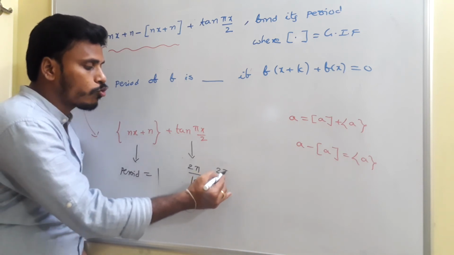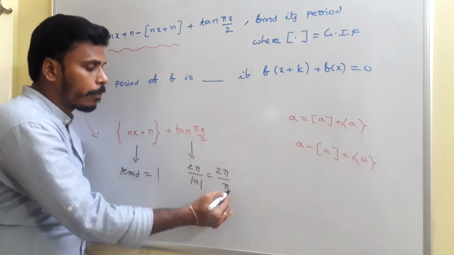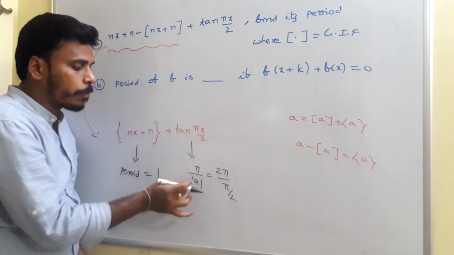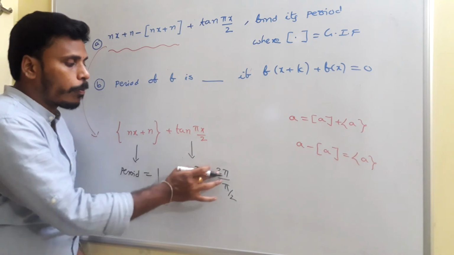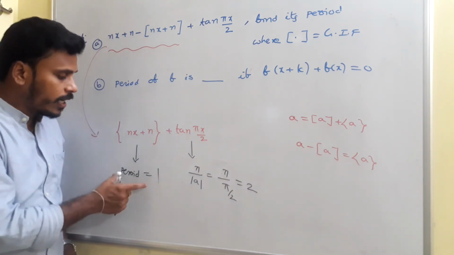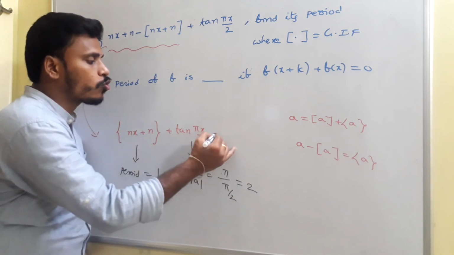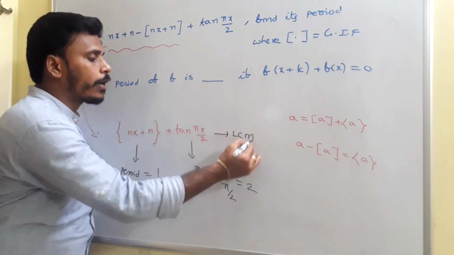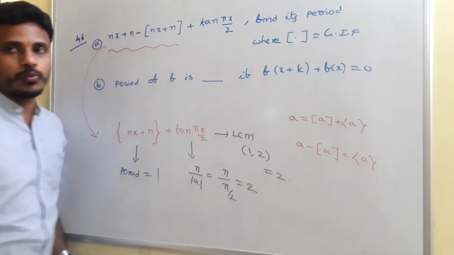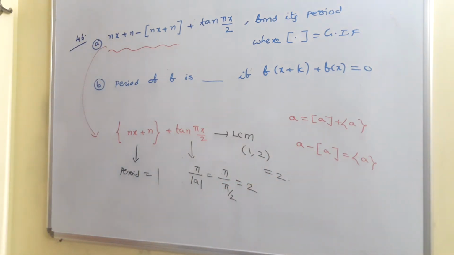But for tan it is only pi, right? For tan it is pi by mod a. So pi divided by pi by 2, on simplification, is 2. Here the period is 1, here the period is 2. At the end, the period of this function is the LCM of 1 comma 2, which is 2. So the period of the first problem is 2.